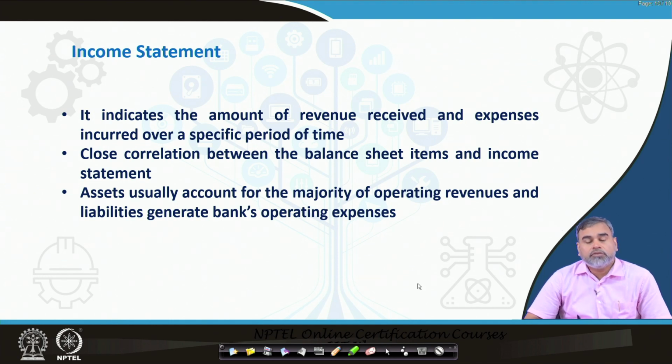There is a close correlation between the balance sheet items and the income statement, because assets usually account for the majority of operating revenues and liabilities generate the bank's operating expenses. So, there is a close link between the balance sheet and the income statement for commercial banks.